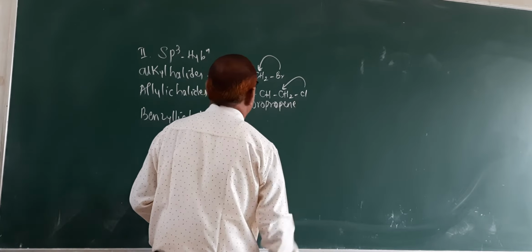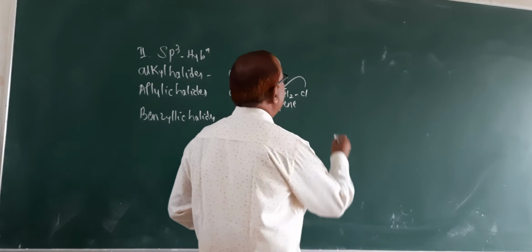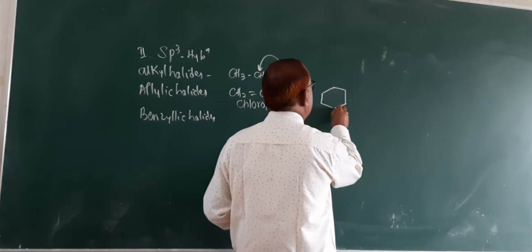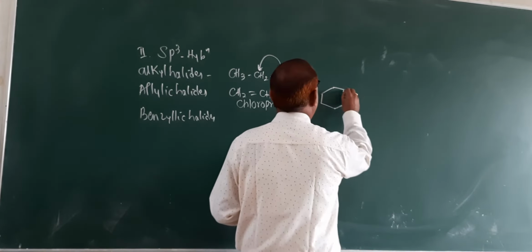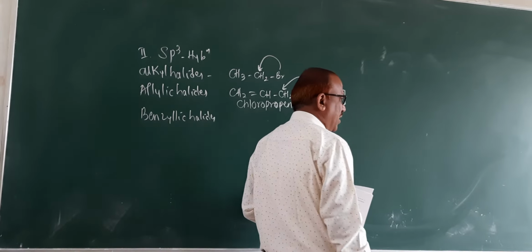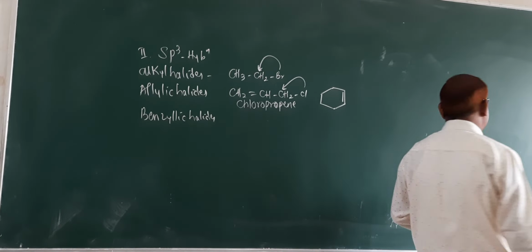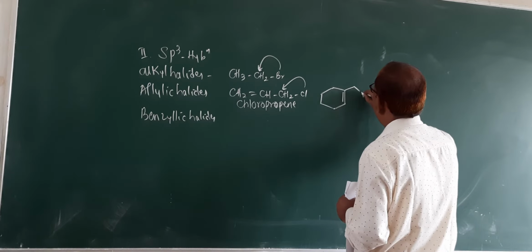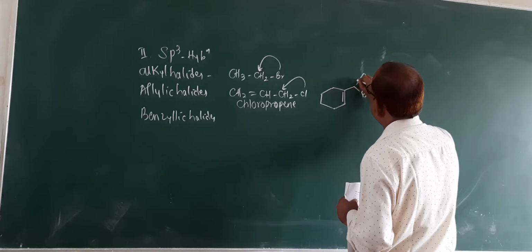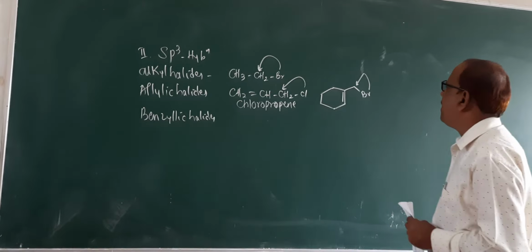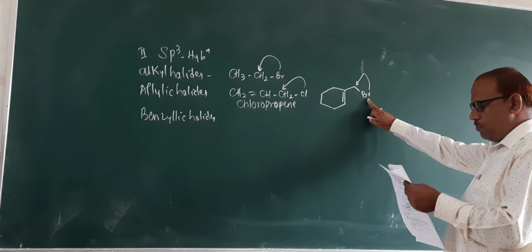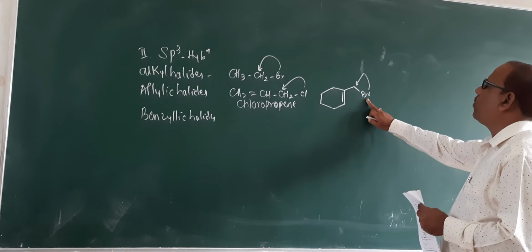It may be cycloalkenes also, where in the ring there is only one double bond, like cyclohexene. It will also have the halogen, but that halogen is attached to the sp3 hybridized carbon, therefore it becomes bromomethyl cyclohexene.